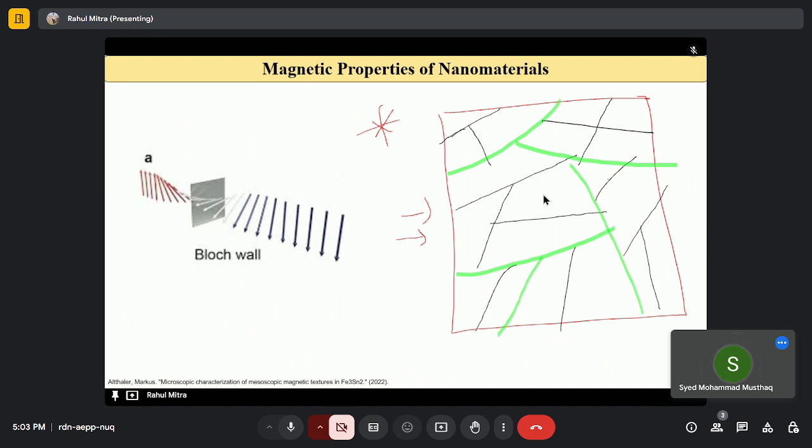Inside the material there are different domains. Now, in each domain, the spins are pointing in a certain direction, right?